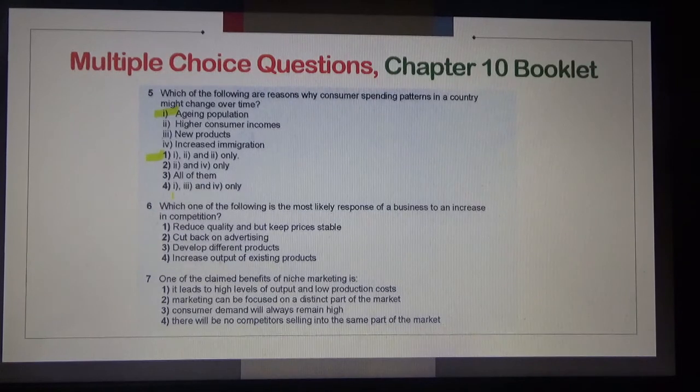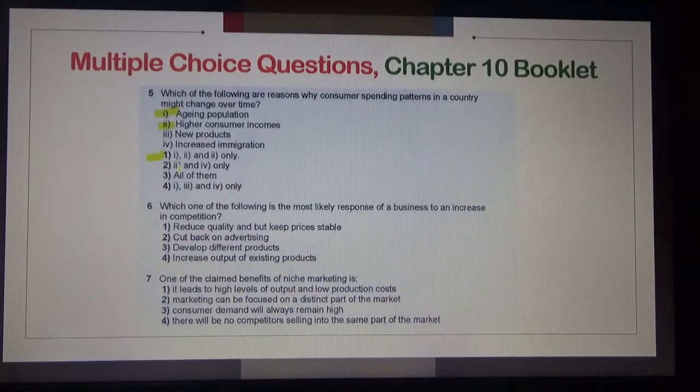Now let's see, higher consumer incomes. Which of the following are reasons why consumer spending patterns in a country might change over time? We have this also in our reasons in the past slides and in your textbook. Now we have 2 to be considered here in number 1 choice.